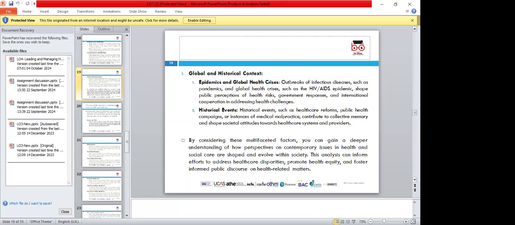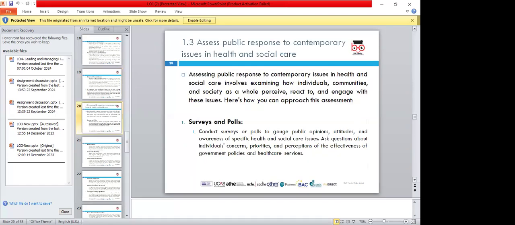We spoke about fostering informed public discourse, where we're talking about the outbreak of diseases and the perceptions people may have concerning healthcare and health-related matters. Some are chronic diseases like HIV, and then COVID-19 and all that. They all have a way of affecting you or affecting the healthcare industry. So let's crack on.